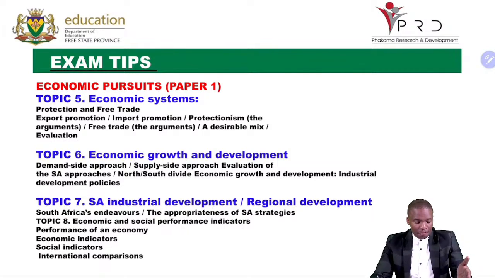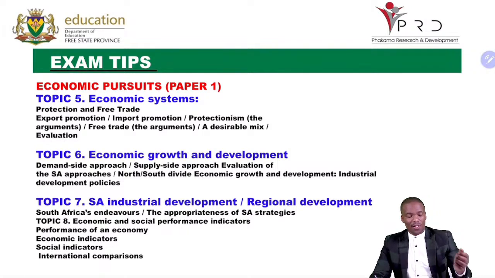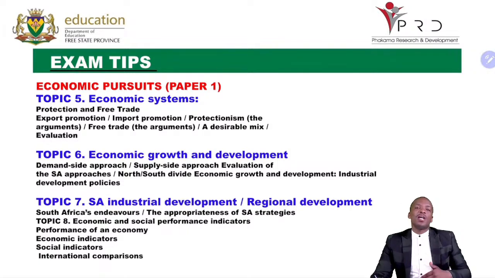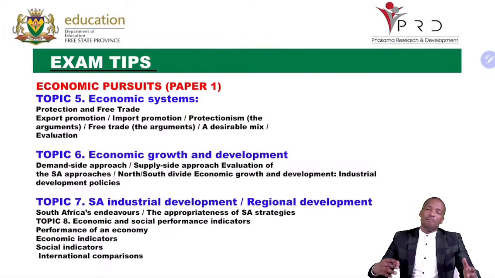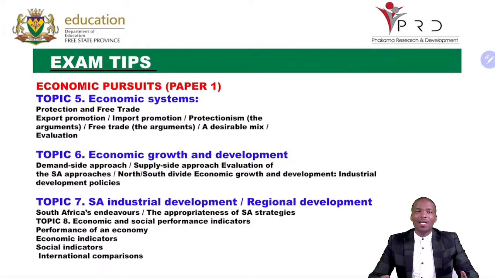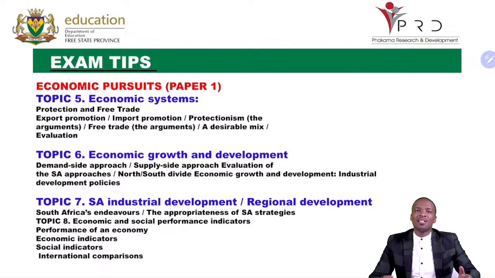of which we remember that there's a difference between industrial development and regional development. Industrial development is planning for and building new industries in certain areas, as well as expanding the existing industries in certain areas.